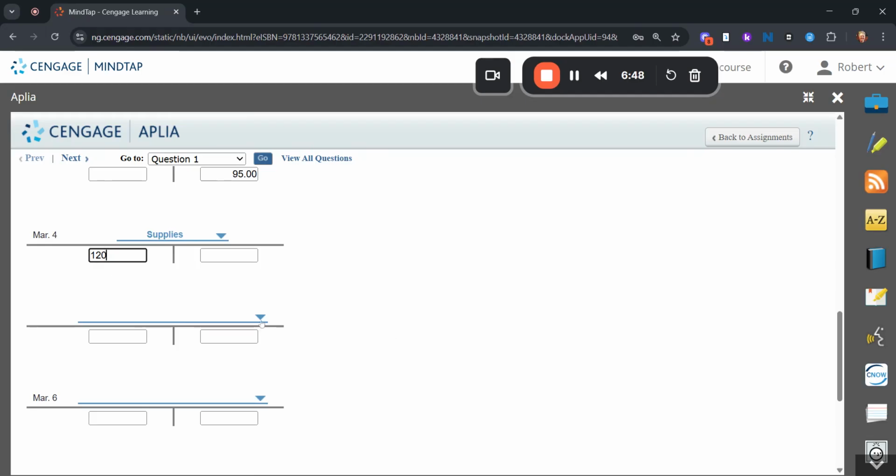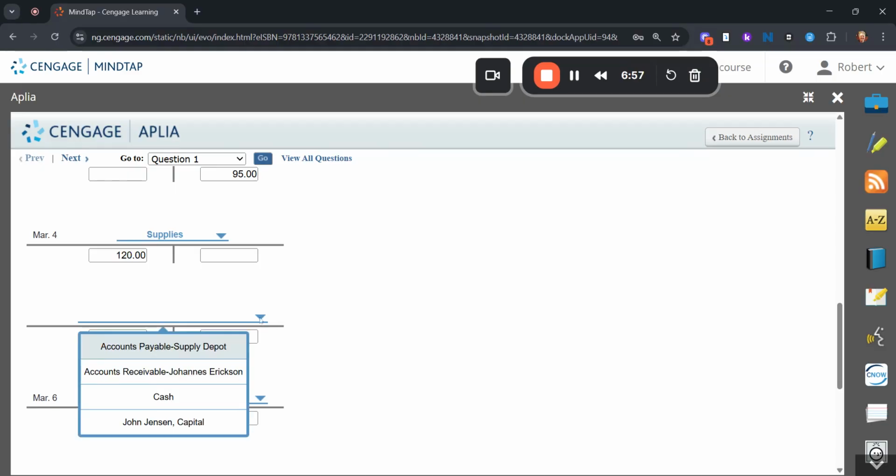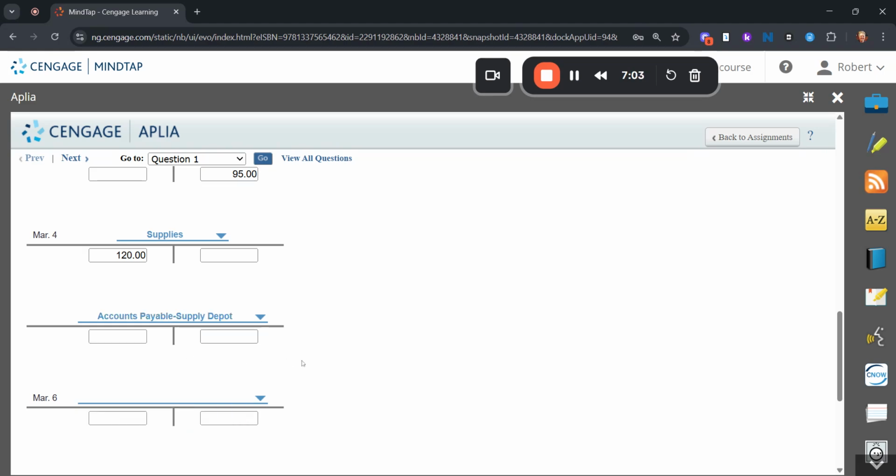And those were bought on account. So that means that's an account that has to be paid for when the business gets a bill. So that's an accounts payable. So accounts payable, Supply Depot, and the amount that's owed to Supply Depot increased by $120. So that increase in a liability goes on the right side, $120.